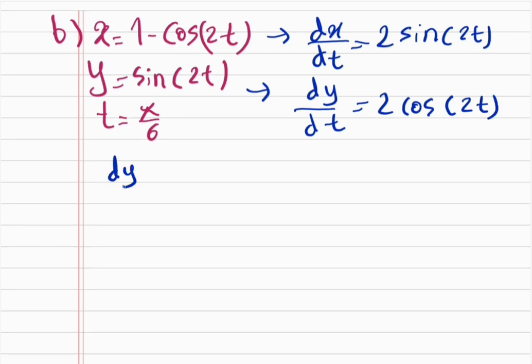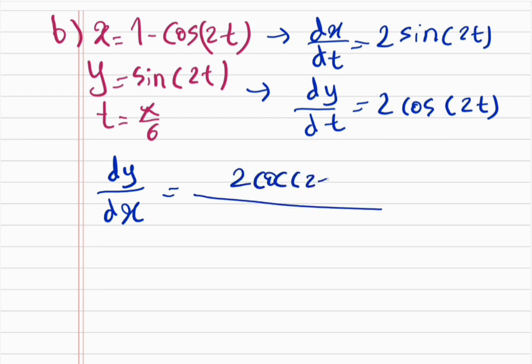So we now need to find dy dx, which is equal to dy dt divided by dx dt. So dy dt is 2 cos 2t. dx dt is equal to 2 sine 2t. And this is equal to cot 2t.